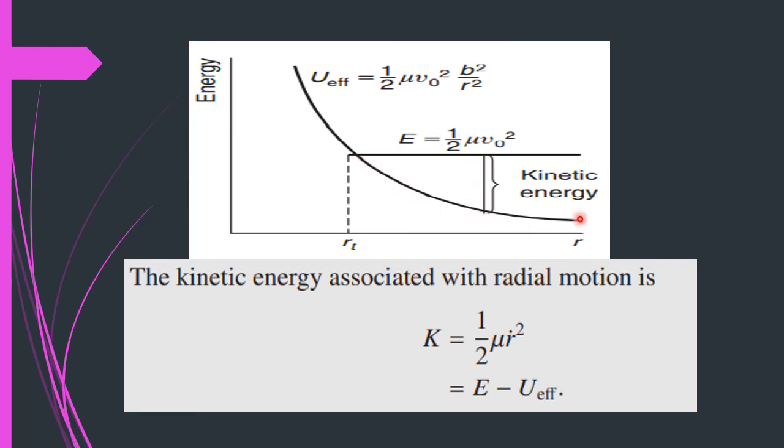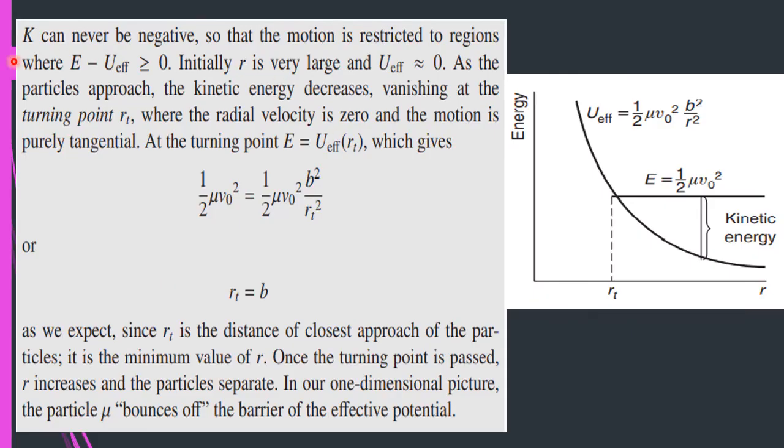So for faraway distances, effective potential energy is minimum and the kinetic energy is maximum. So when the particles start moving towards each other, kinetic energy starts decreasing, and at this point kinetic energy becomes 0. Okay, so kinetic energy in this equation can never be negative.